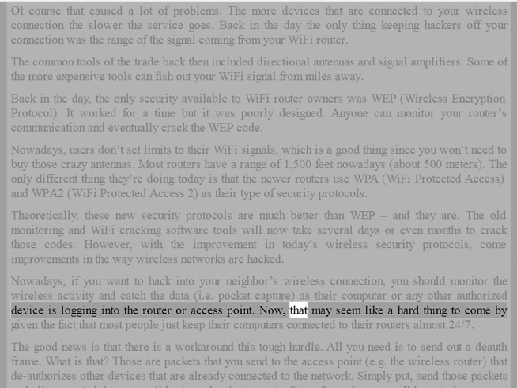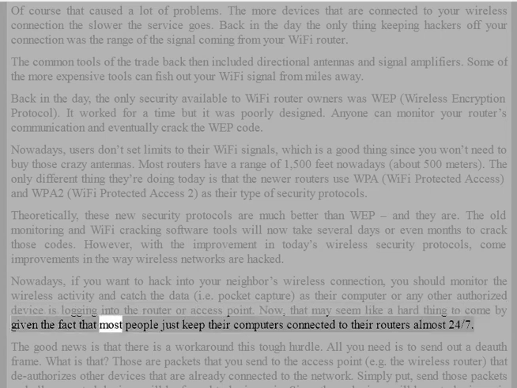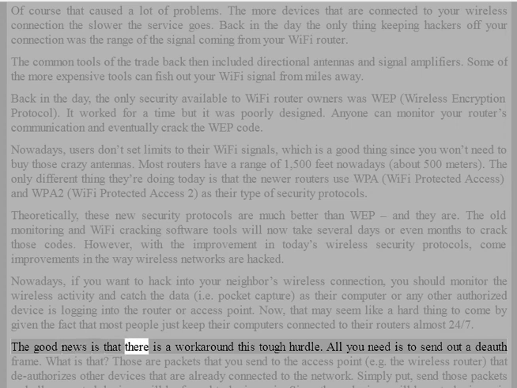Now, that may seem like a hard thing to come by given the fact that most people just keep their computers connected to their routers almost 24/7. The good news is that there is a workaround this tough hurdle.